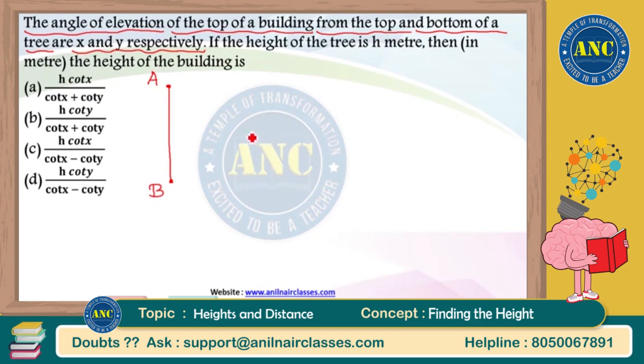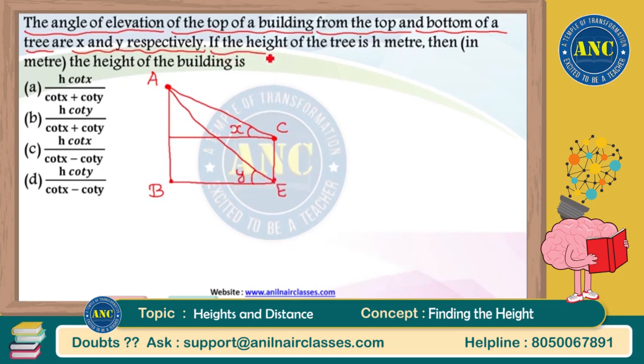Angle of elevation of the top of the building, which is A, from the top and bottom of a tree. Tree is CD, or let me call it CE for example. CE is the tree. From the top of the tree, the angle of elevation is x degrees, and from the bottom of the tree, the angle of elevation is y degrees. This is what is given in my question.